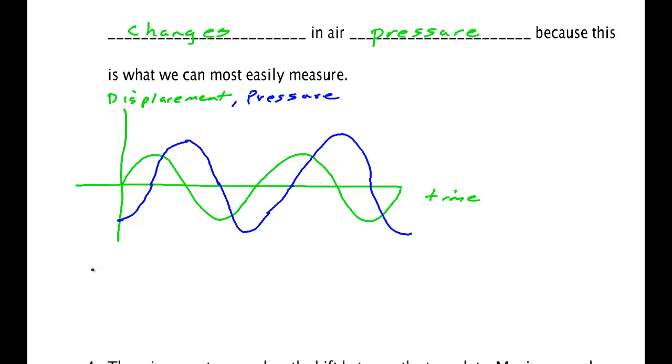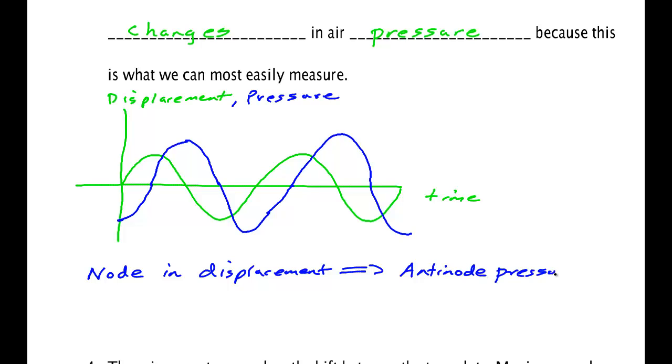Key point is a node in displacement, that is, there's no displacement of the molecule, will correspond to an antinode in pressure. Either molecules nearby on either side have been moved off and the pressure has dropped, or more molecules have been pushed closer to those that didn't move, causing the pressure to go up.